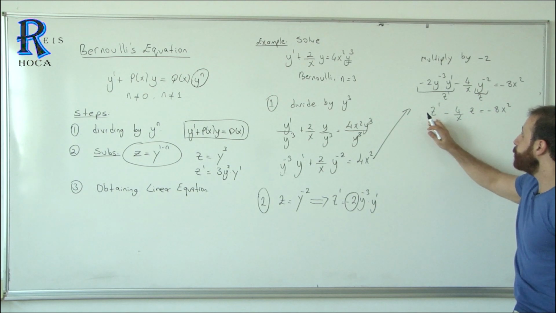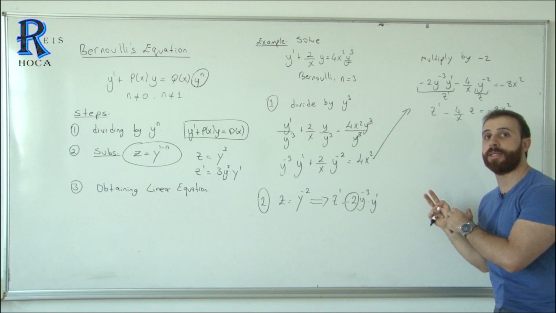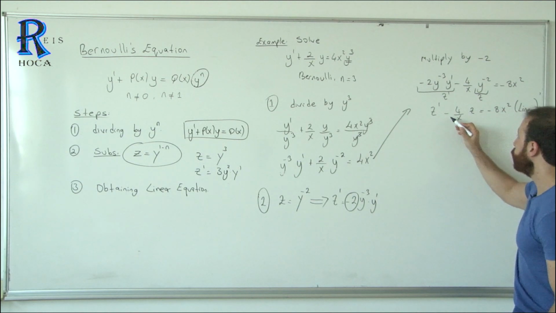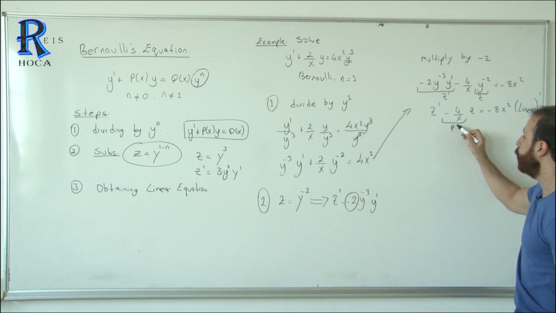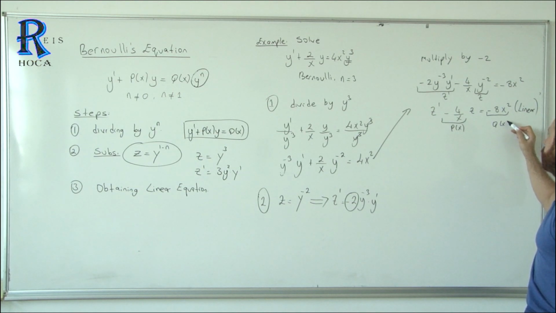You see, z prime, z, and on the right side there is no z, like y prime, y and on the right side there is no y. That's why this is a linear differential equation.